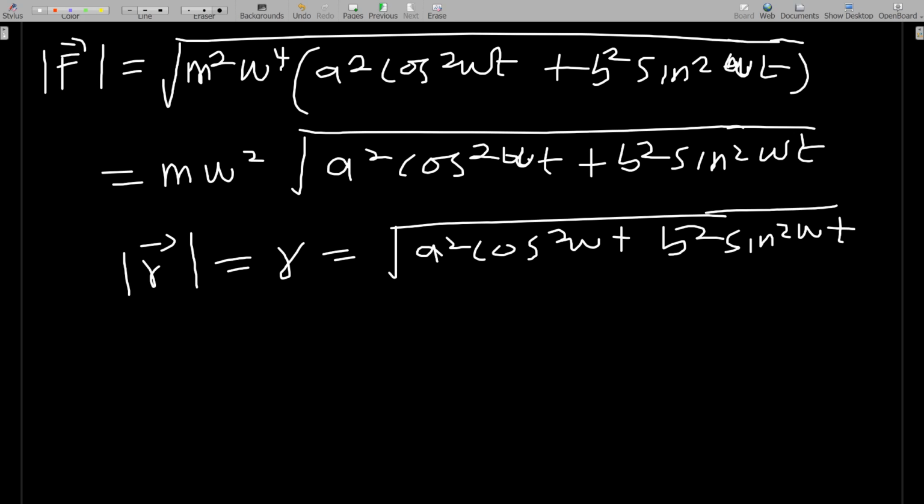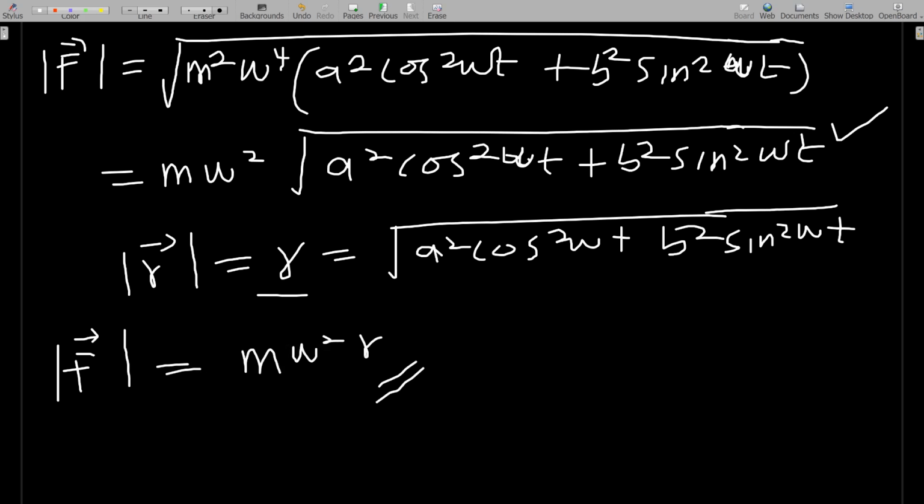So this whole part is r, the magnitude of r without a bar. In vectors, if you write a vector without a bar, it's just the magnitude. So it means that the magnitude of our force is equal to m omega squared r. You can keep this.